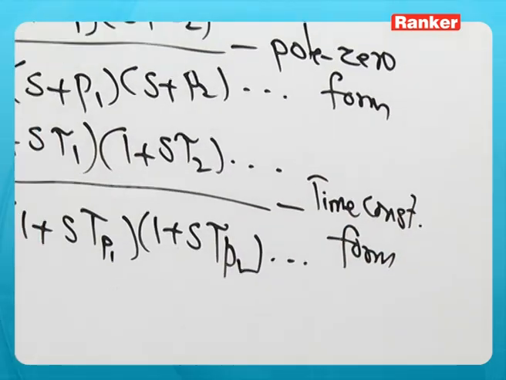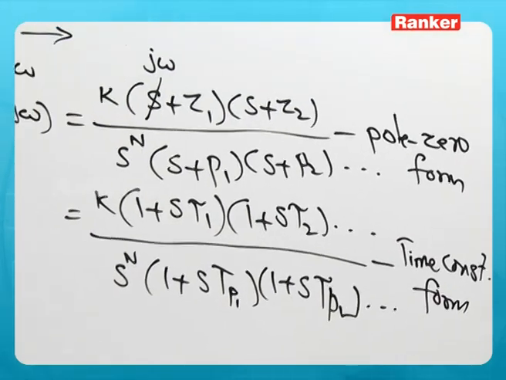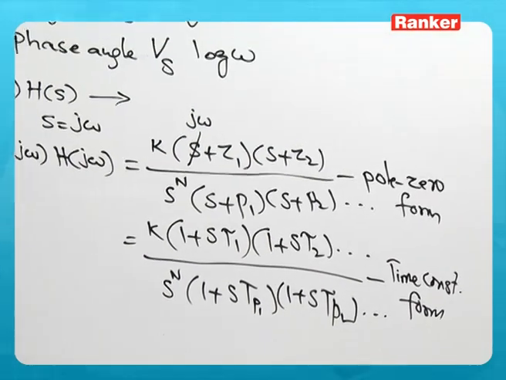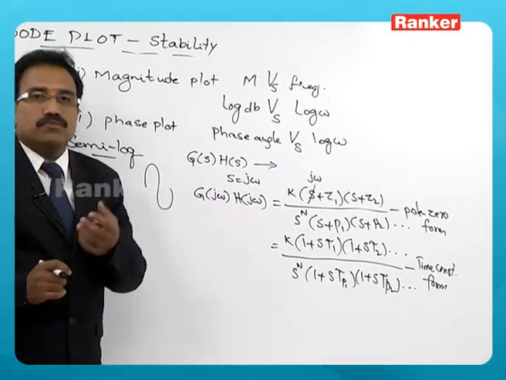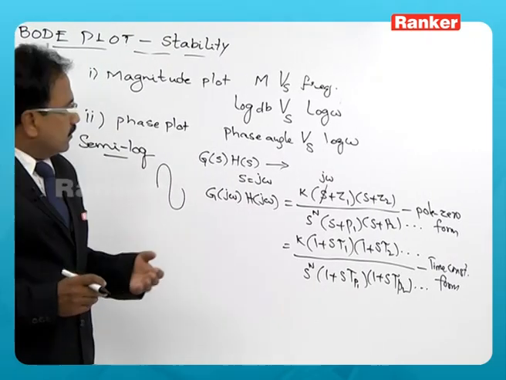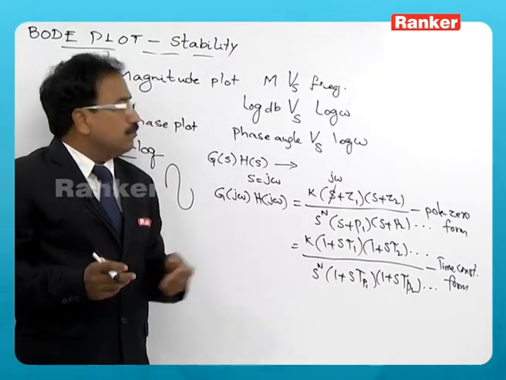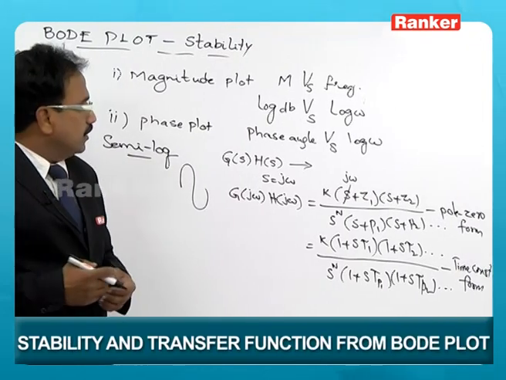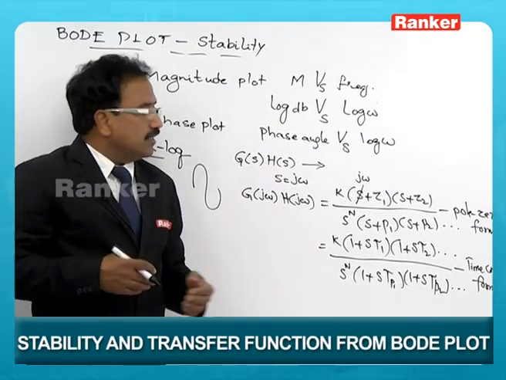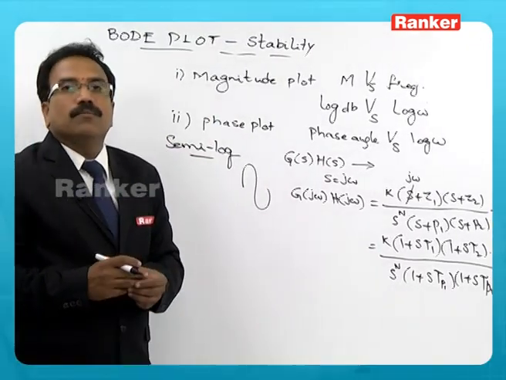So, in order to draw the frequency response plot, that is Bode plot, the given loop transfer function must be converted, if it is given in pole zero form, into time constant form, and then we need to construct the plot.